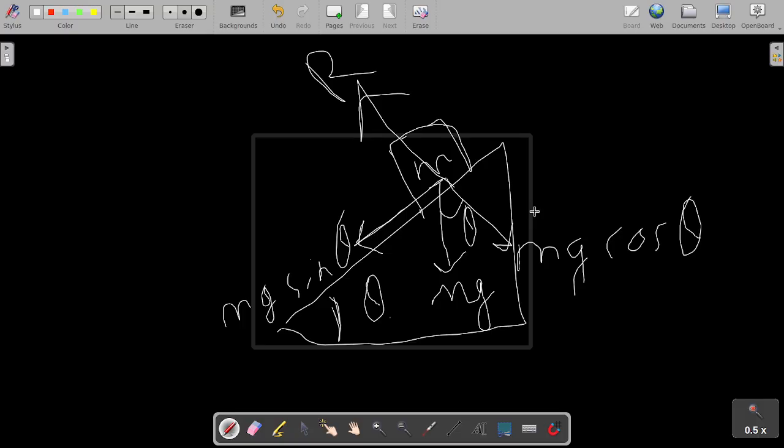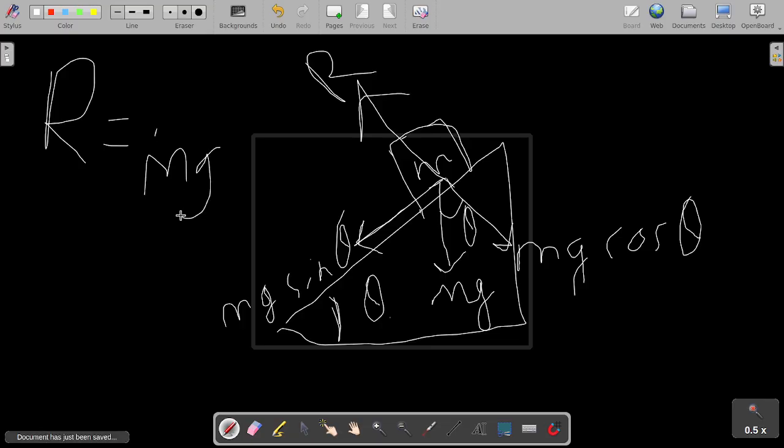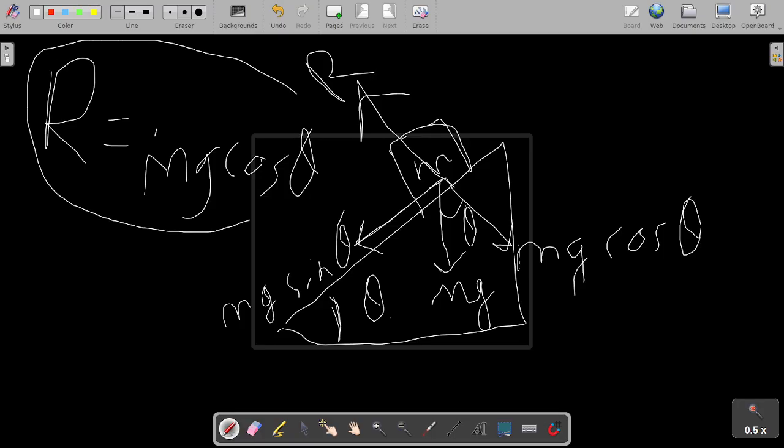So if R balances mg cos theta, then R minus mg cos theta would be equal to 0, or R is equal to mg cos theta. This is one of the equations that we got, right? From this diagram we can say that R is equal to mg cos theta.